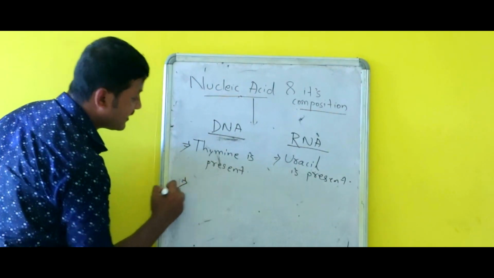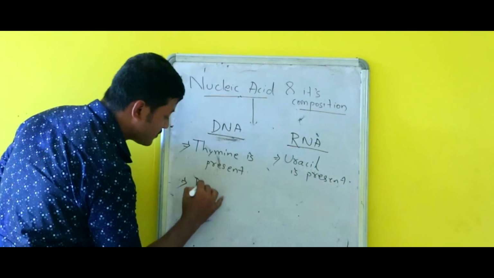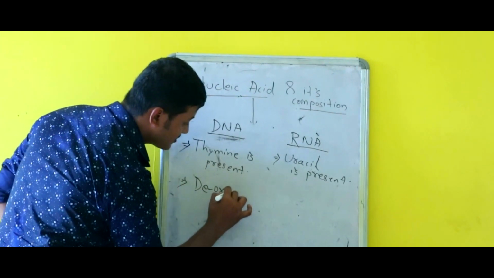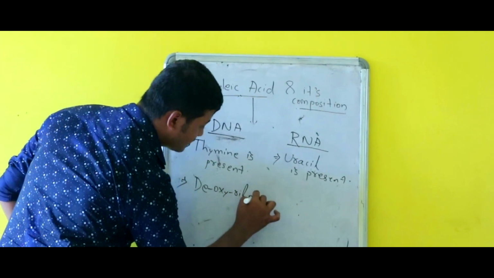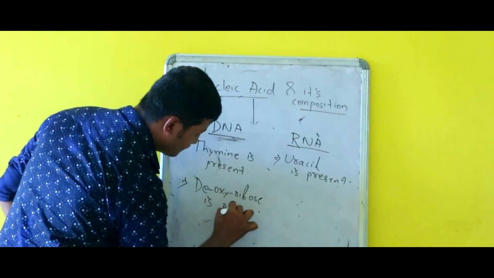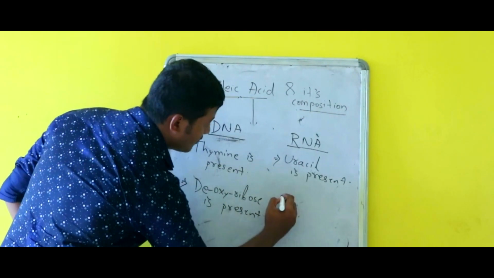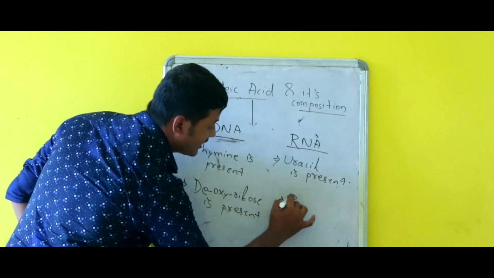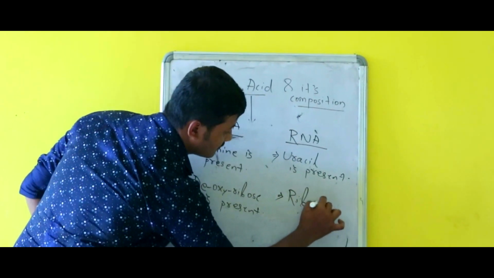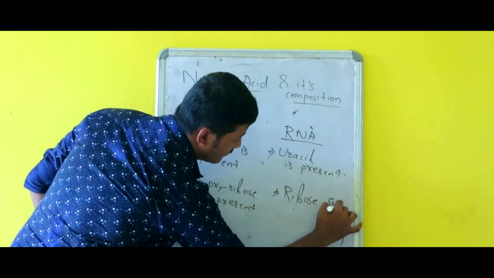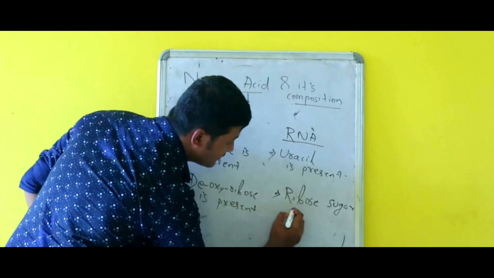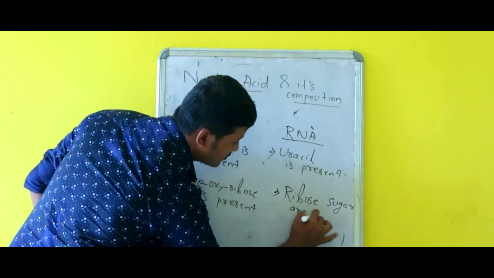Then, in DNA, deoxyribose sugar is present. But in RNA, only ribose sugar is present.